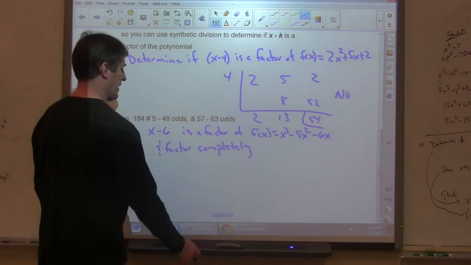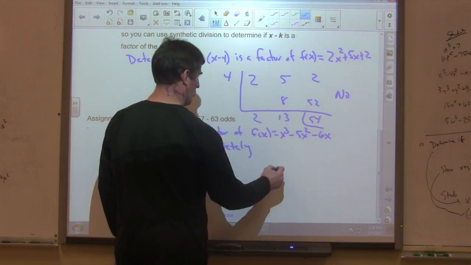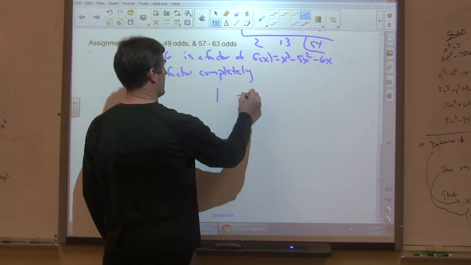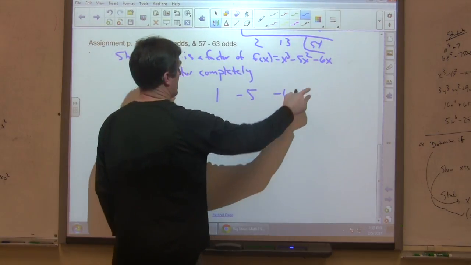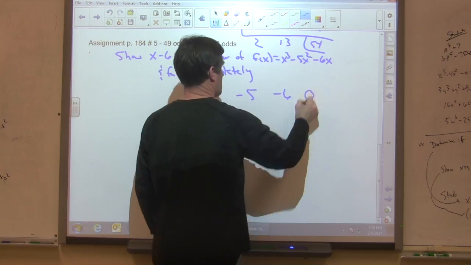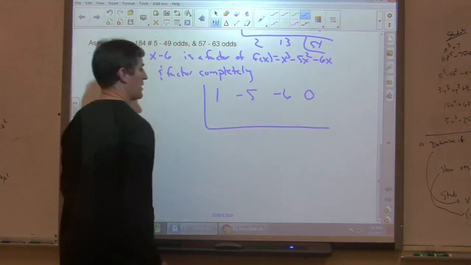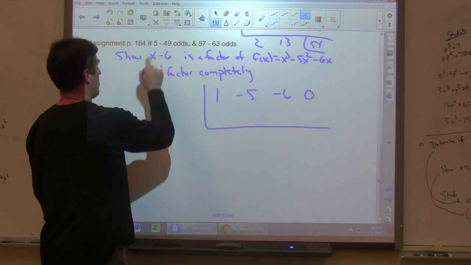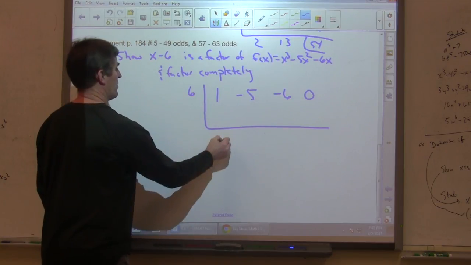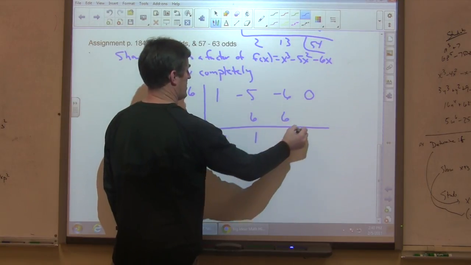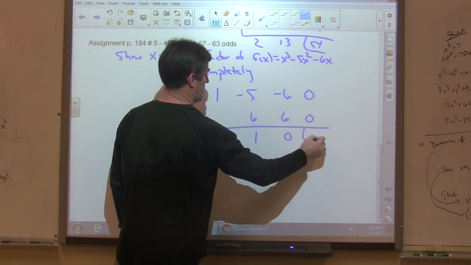So if you did this right, write down our coefficients. And so that would be 1, negative 5, negative 6. Now in this case there's no constant, so we have to add that 0. So hopefully you did that, otherwise you'll catch your mistake here. We're going to do 6, so we get 1, 6, 1, 6, 0, 0.